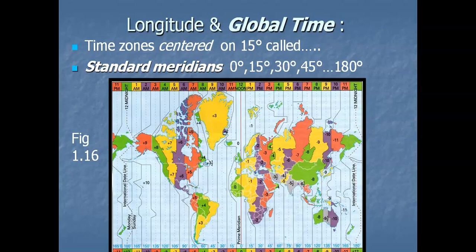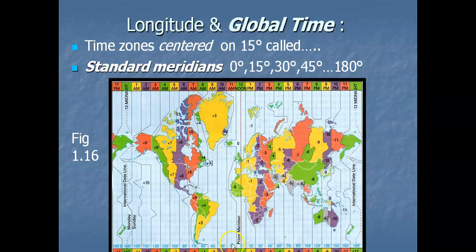Every increment of a line of longitude encompassing 15 degrees is a special line, and it's called a standard meridian. Time zones are centered on these standard meridians. So you start at the prime meridian, 0. That's a standard meridian. And then you can go east or west, but let me just go west.